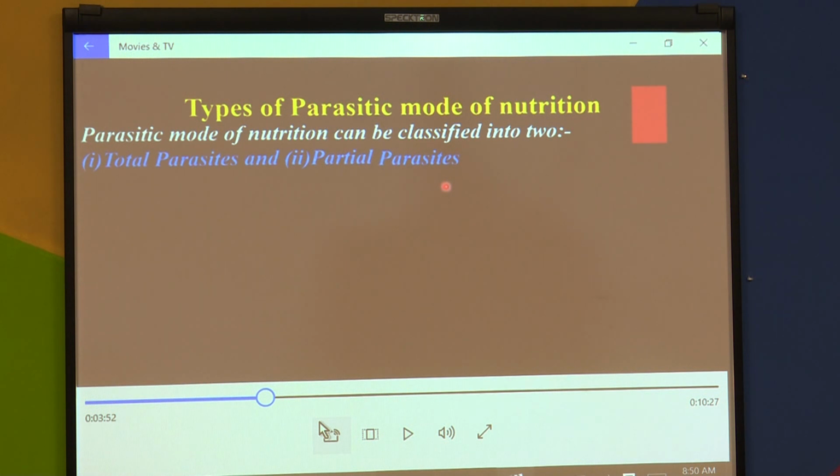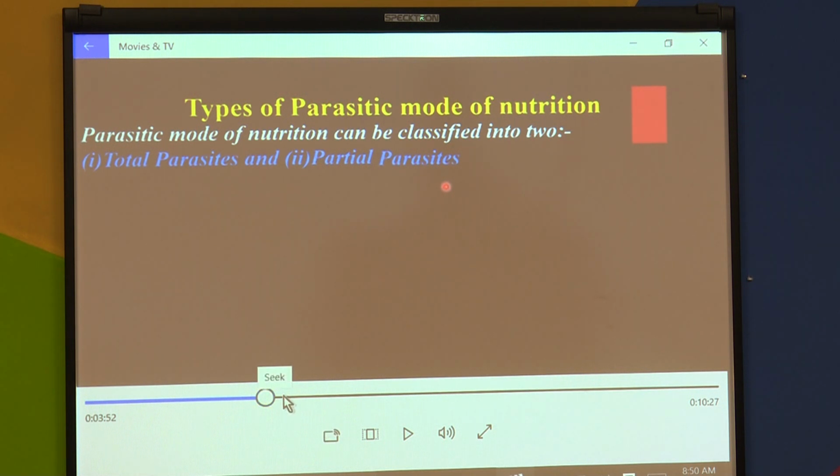That is why they depend on another plant for some types of nutrients, for example nitrogen and water, and they can make their food by themselves.